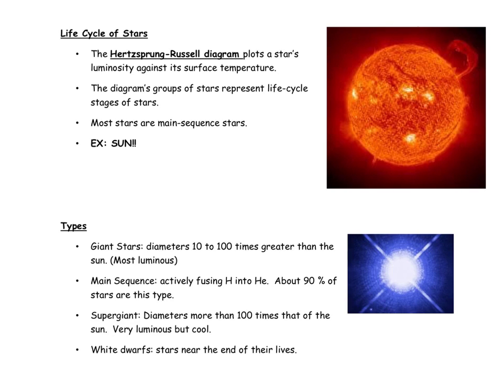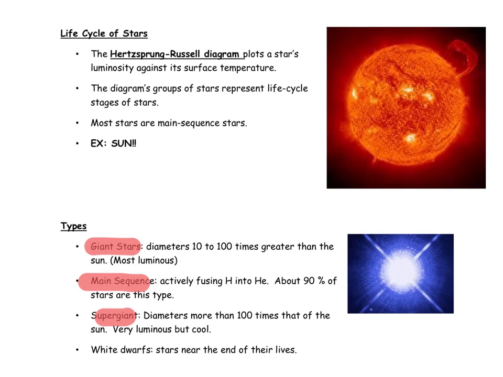In that diagram, you have different types of stars. You have what's called red giants that are 10 to 100 times greater than our sun. You have what's called main sequence stars on your reference table that are actively taking hydrogen and forming helium. They call it the hydrogen burning cycle of the stars.